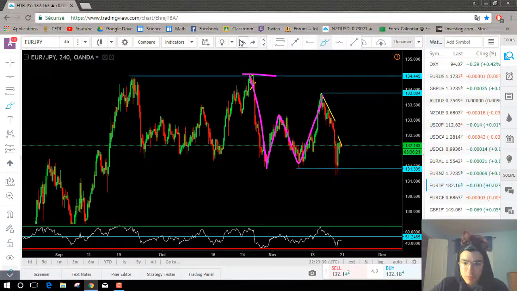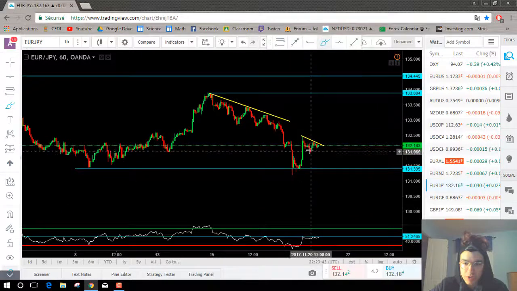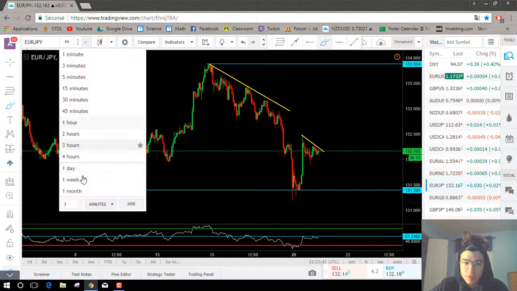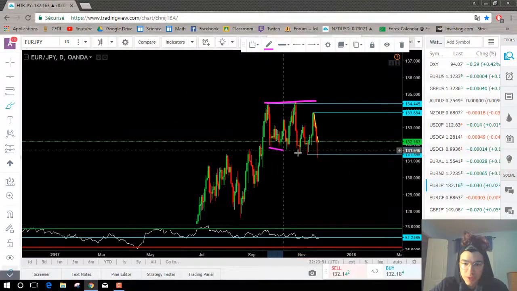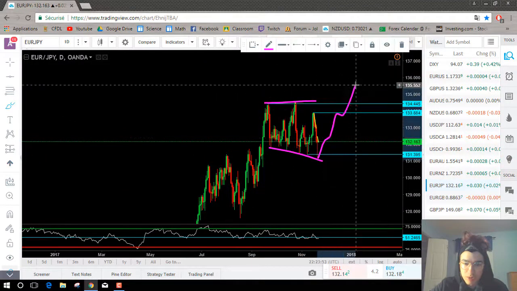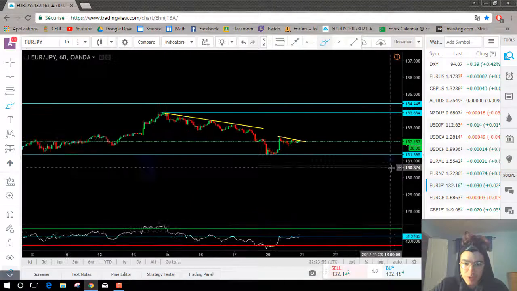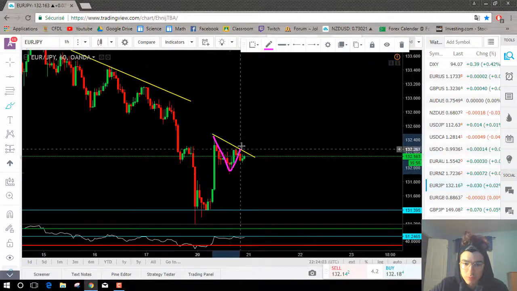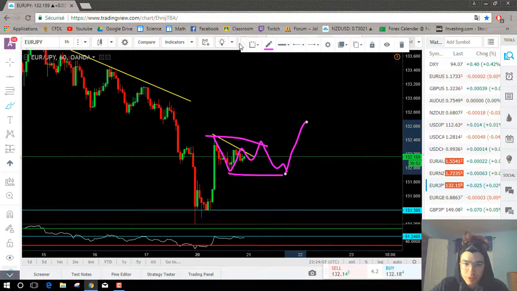But now, as you can see, we got a big impulse up on the 1 hour, and we're actually getting a flag right here. So I think that all of this is, like I just showed you before, a correction, and I think we're going back up for another impulse. So this can be a very nice trade if we get the breakout of the flag. I would like to see something a little bigger though, so maybe something like this, just a little bigger, and after we are going up.